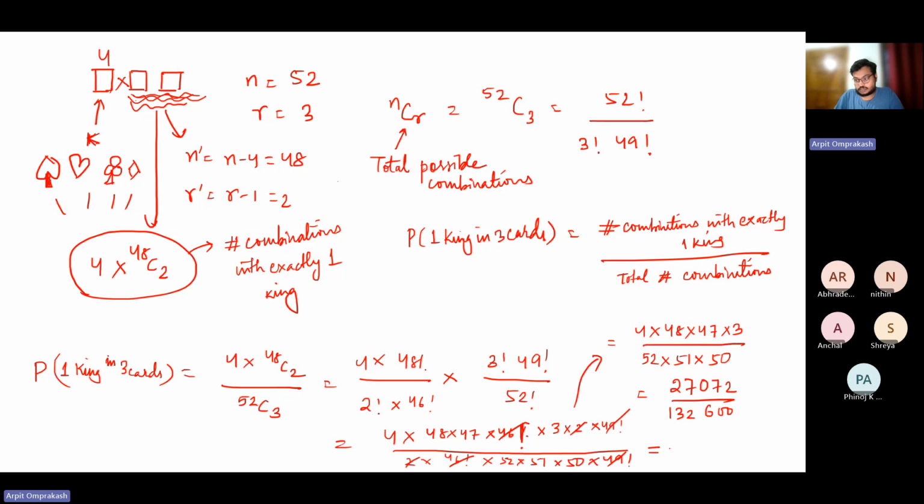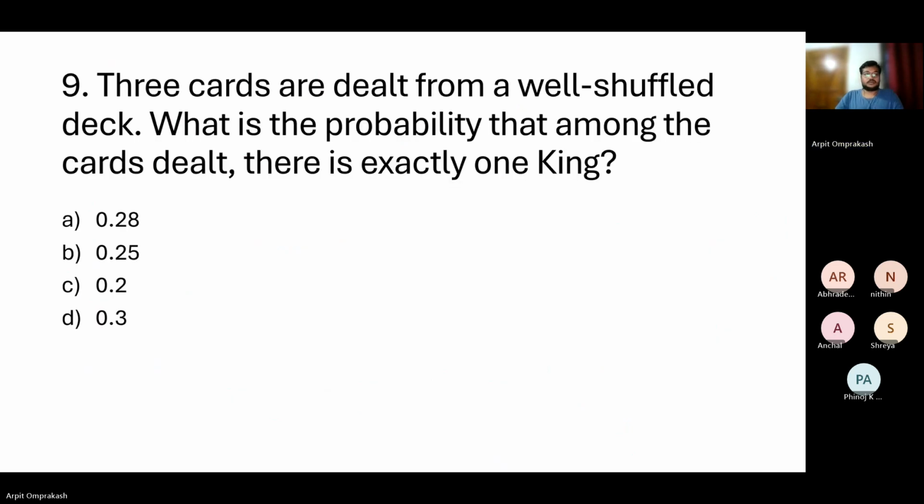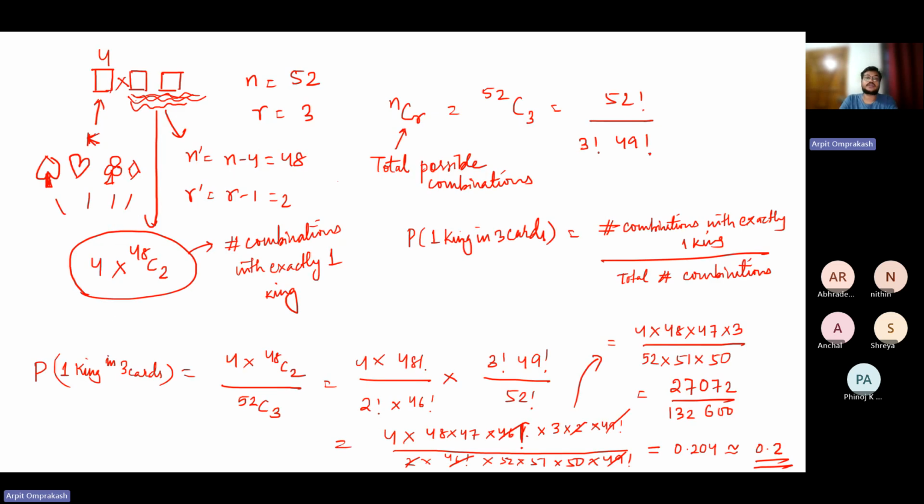Now this turns out to be 0.204, so approximately 0.2. Okay, so the answer here will be 0.2. Was that clear? Did everyone understand why the 0.2 and how we calculated all these combinations?